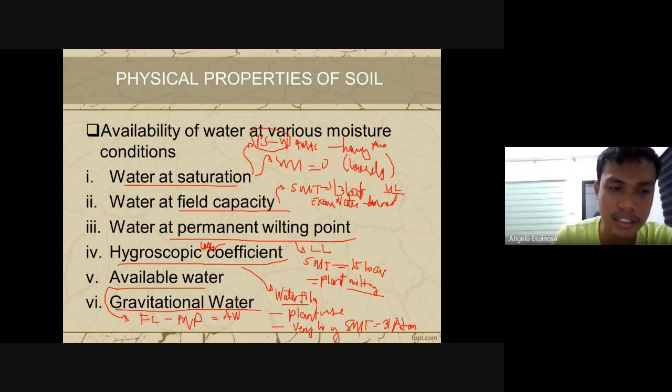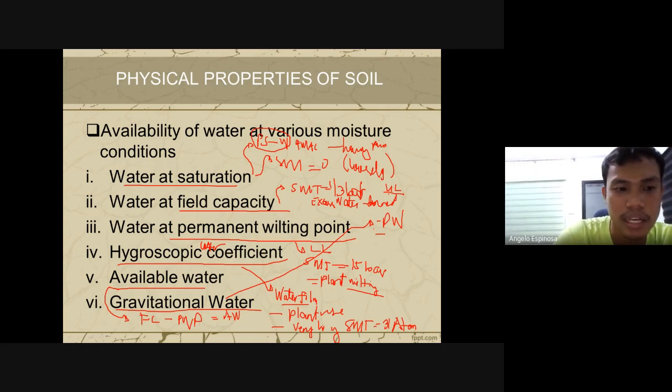Gravitational water naman, it is also called drainage water. Okay, ang tawag po diyan ay drainage water. Kayo na lang po umintindi ng aking arrow. Yan, dito na lang nilagay. So, the water which soon drains out of the macropores. Di siya tatagal, magde-drain pa rin siya. So, the difference between the water at saturation and the water at field capacity, yan po ang difference.